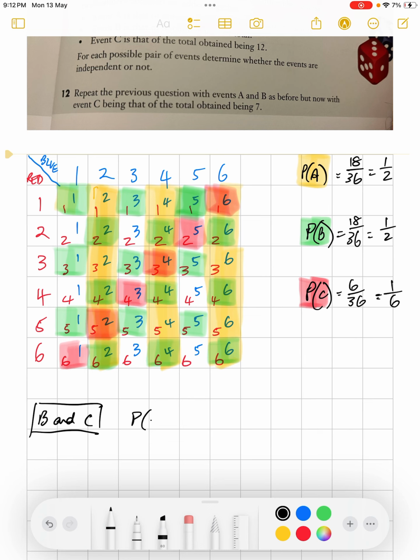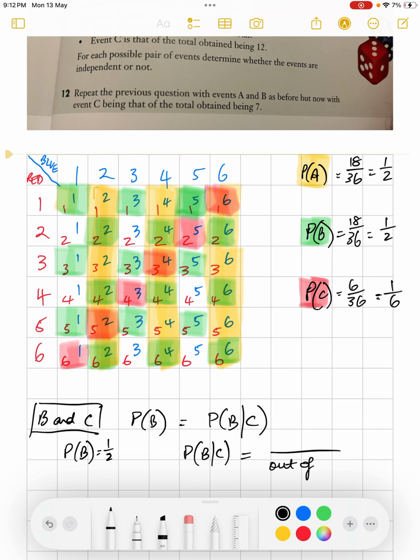Now the probability of B has to equal the probability of B given C. We've already established the probability of B is a half. But let's look at the probability of B given C. Out of how many in set C, how many of those are in set B? In set C there are 6, the red ones. How many of those 6 are in set B? Set B are the green ones.